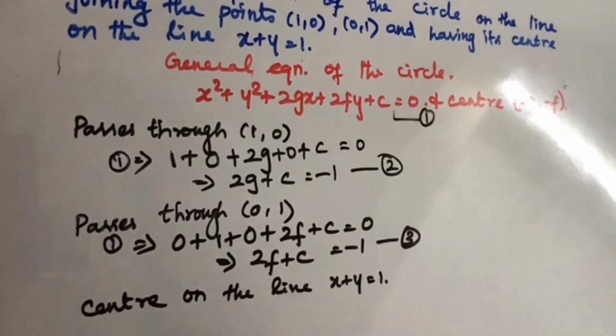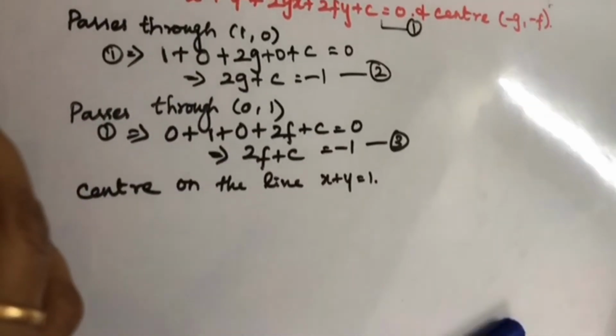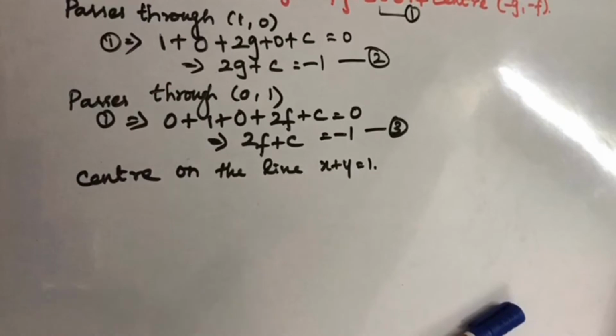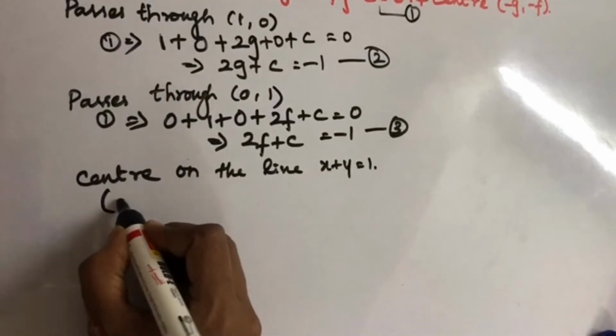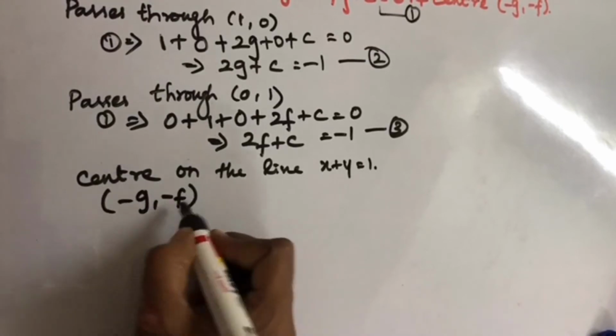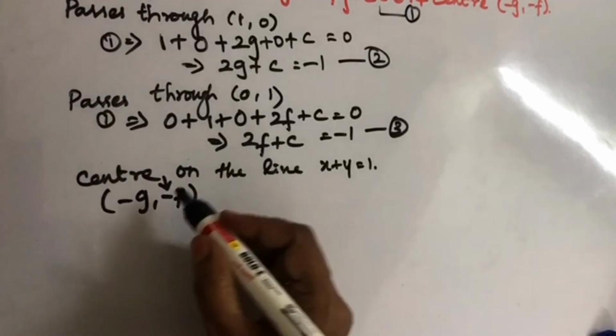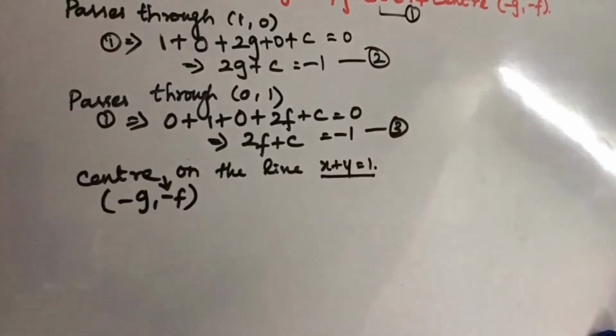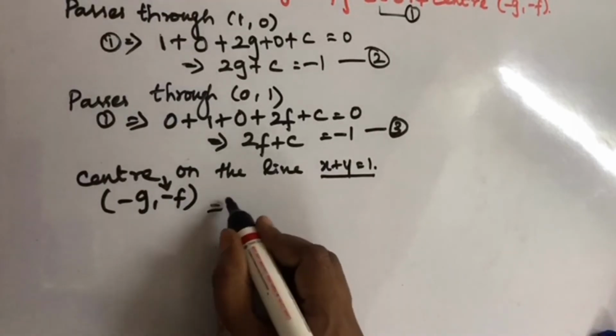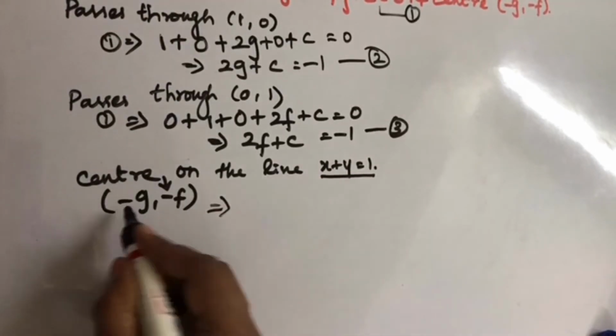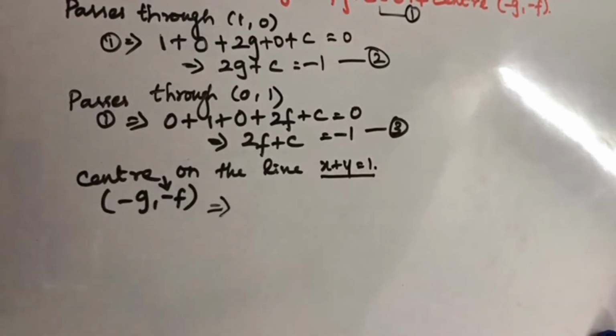Now, it is given that the center lies on the line x plus y is equal to 1. What is the center? Minus g and minus f is the center, and it lies on the line x plus y is equal to 1. So that implies instead of x it is minus g, instead of y it is minus f.